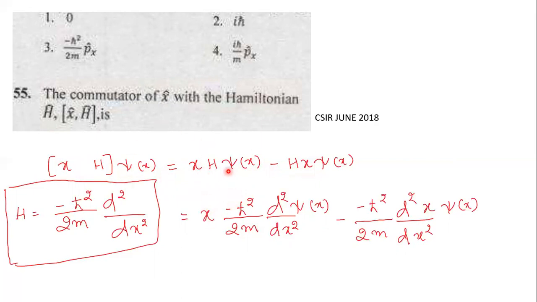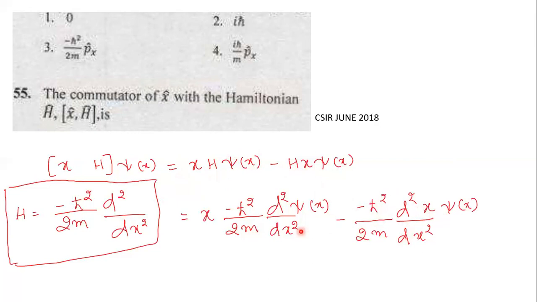Now, what is done from here to here is that X is written as such, and the operator form of H is written instead of H. Then psi(x) is the wave function, minus, here instead of H its operator form is written, and x psi(x) is written as such.